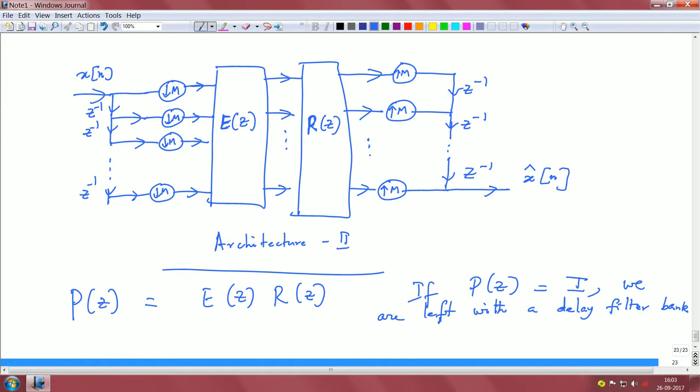So, after m minus 1 delays you should get your reconstructed signal, right. So, therefore, this P of z plays a very important role here, but P of z need not be identity, right. We may not land up with an identity. How should we design our analysis and synthesis filters such that P of z is some delay?